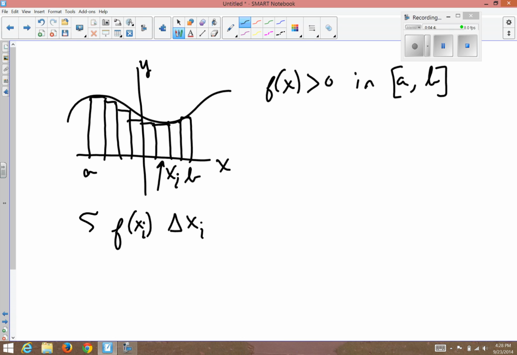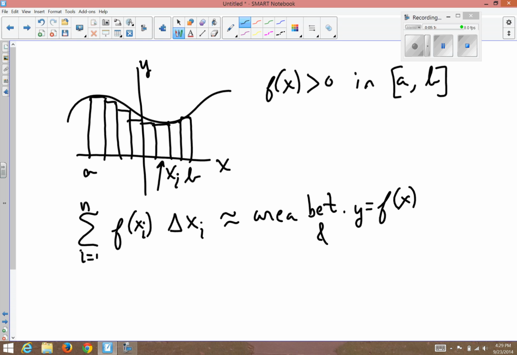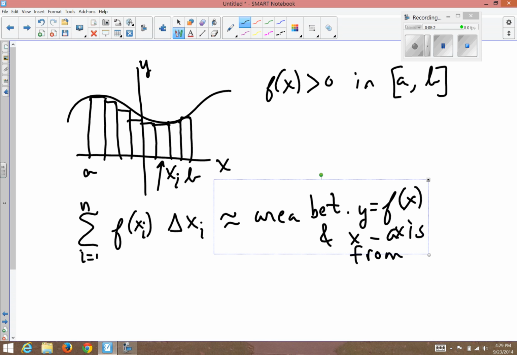If we add all of those up, from i equals 1, meaning the first rectangle over here on the left, to n, meaning however many rectangles there are, we get approximately the area between the curve y equals f of x and the x-axis from x equals a to x equals b. I'm just going to say from a to b. That means from x equals a to x equals b.